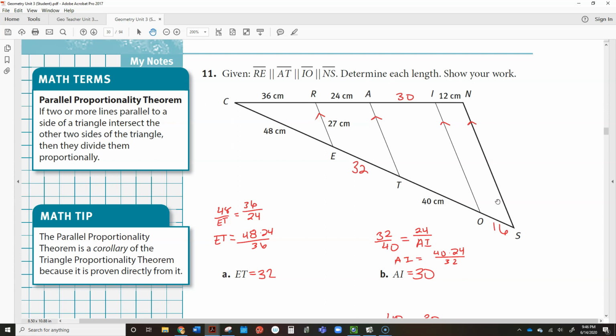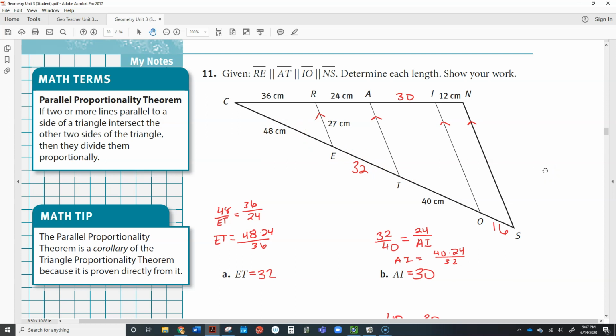They are not pieces of the transversal. So those are not part of the shortcut of using just these side pieces. And that's where everybody messes up. You cannot find the measurement of one of your parallel sides by using the ratio of these two pieces.